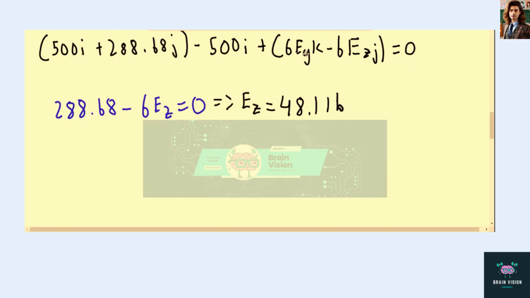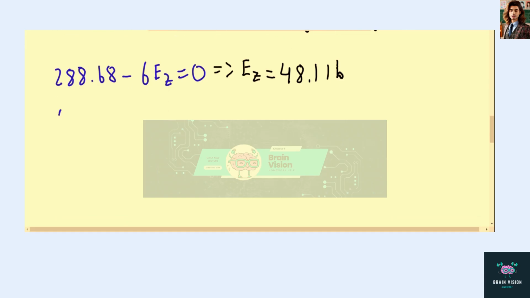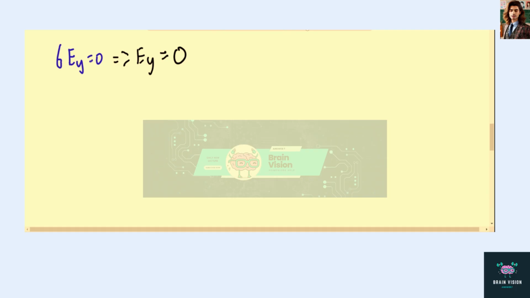And we'll now take the k components and set them equal to 0. So we'll have 6 times E of y is equal to 0. And solving for E of y, we'll find that it's equal to 0. So we can now apply the principle that the sum of forces is equal to 0, which we can write as the force C plus force D plus force E is equal to 0.